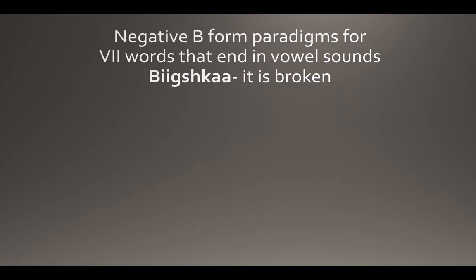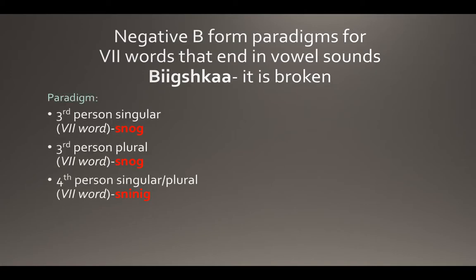Negative B form paradigms for VII words that end in vowel sounds. The example we will be using is bikshka, it is broken. So we have our paradigms here. Third person singular will be our VII word plus the suffix snug.